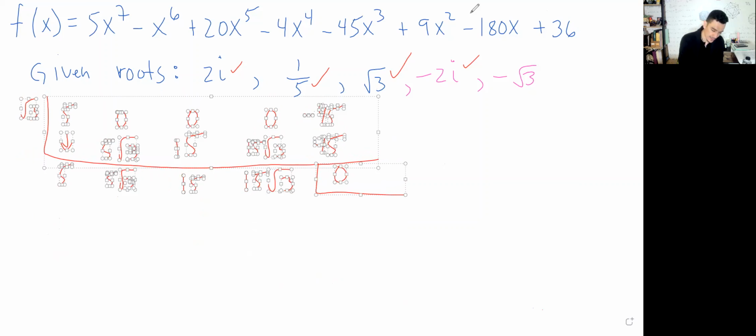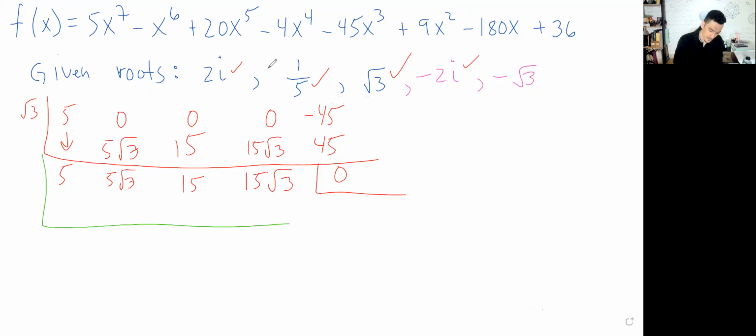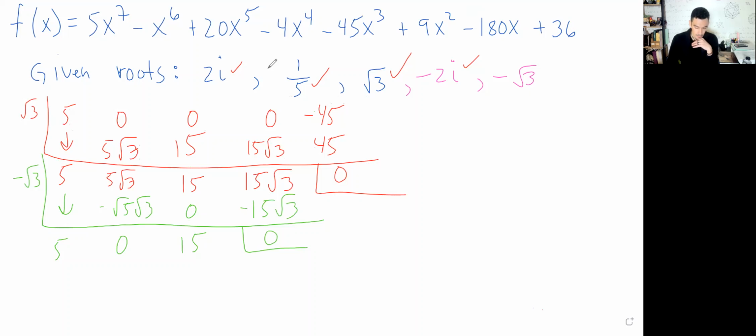And let me continue with a different color. Let's go with green, Cal Poly green. Okay, and let's go with negative square root 3. So this is 5, that'll be negative 5 square root 3, which is 0. And that's 15, and that's negative 15 square root 3. So that's 0. Let me check that off there.